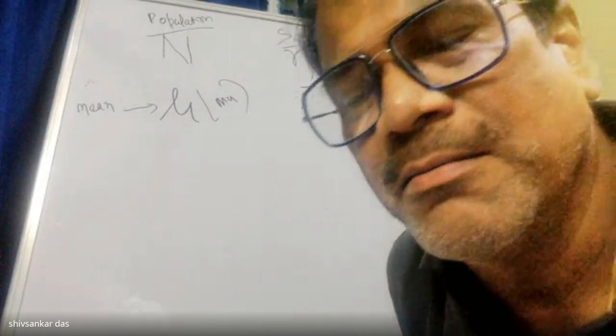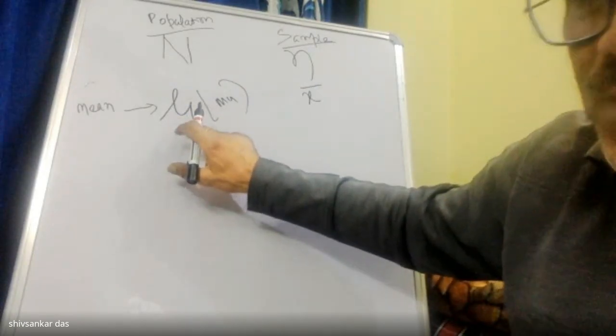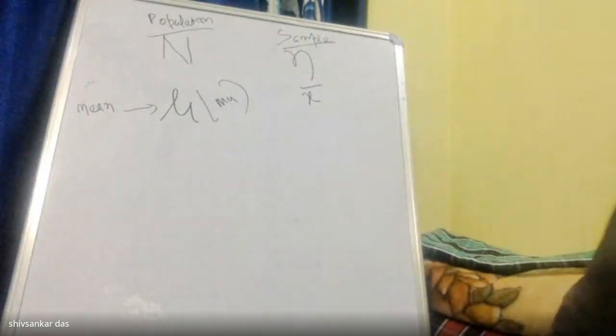Are you writing? Yes, sir. So mu is the population mean, and the sample mean is called x bar.